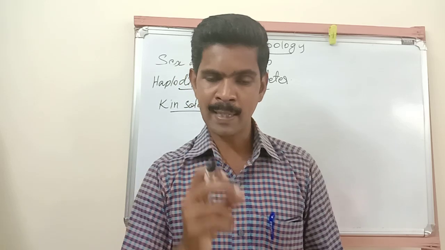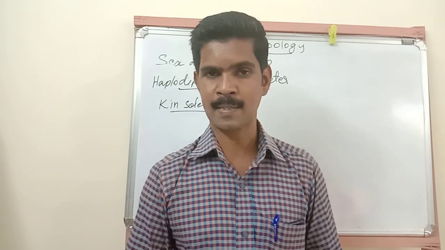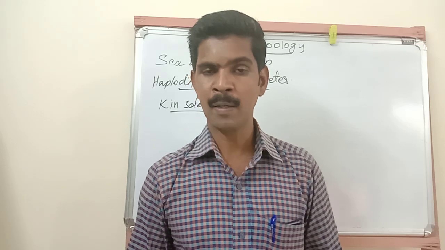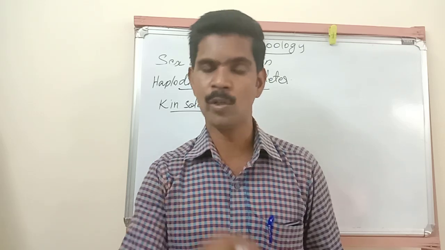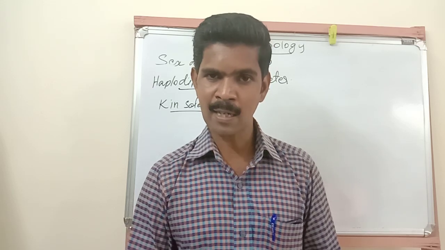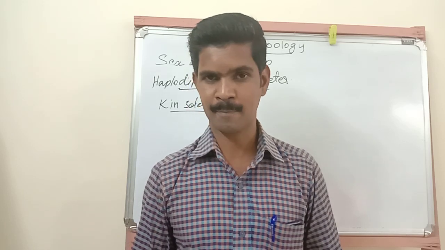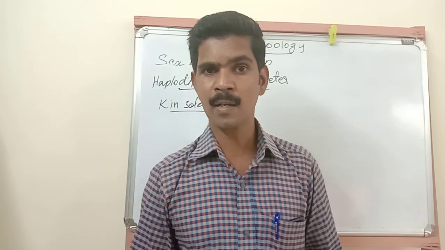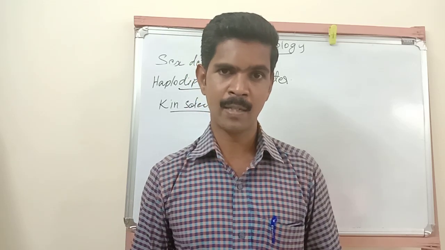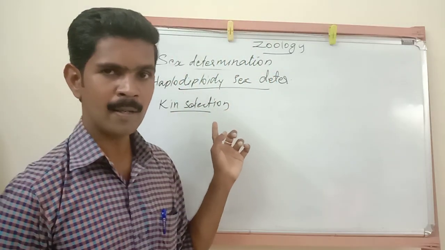Here, the egg laying capacity of the worker bee is suppressed or deactivated by a hormone secreted by the queen bee. So the queen bee secretes one hormone, and this hormone suppresses the egg laying capacity of the worker bees, so the worker bees are unable to lay eggs. Understand? So this phenomenon is called kin selection.